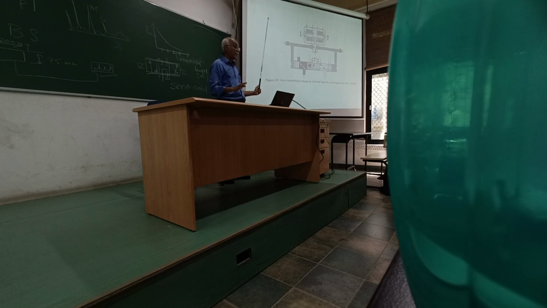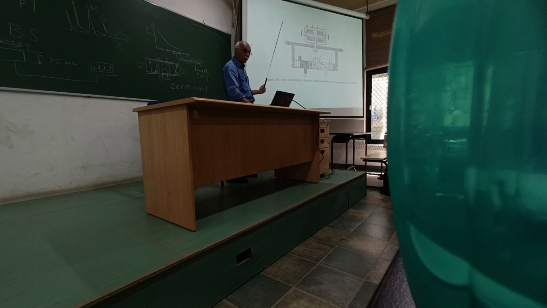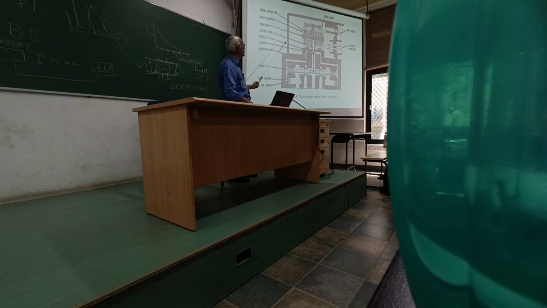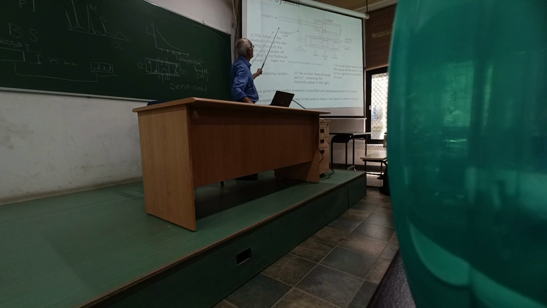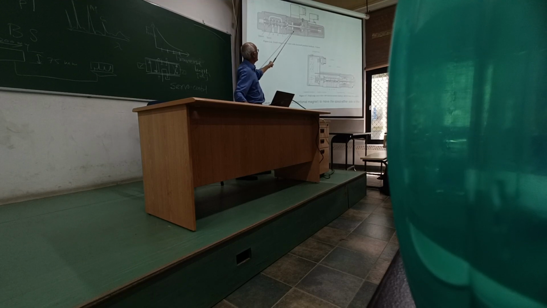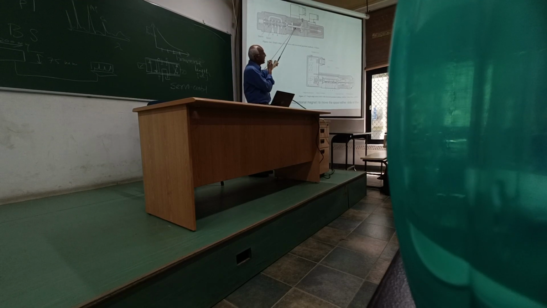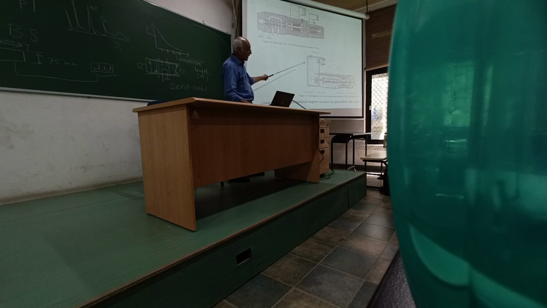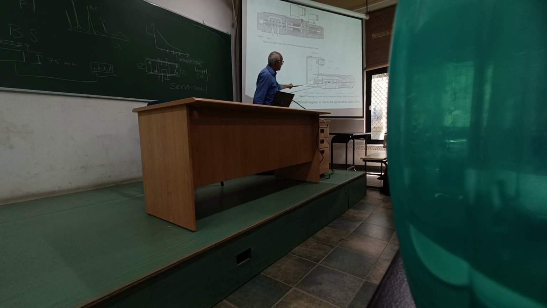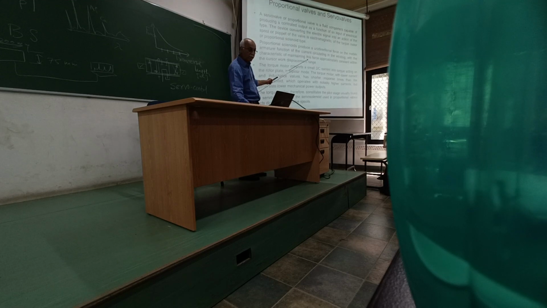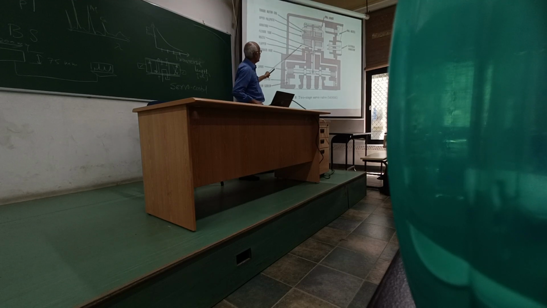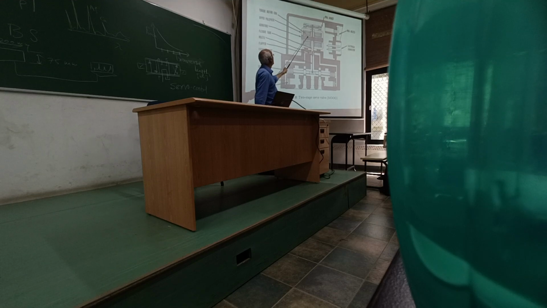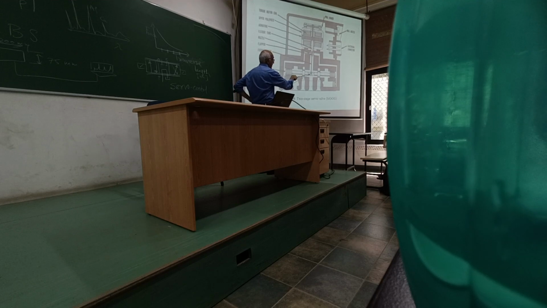One approach, as I told you, is by controlling the solenoid current. Another approach is by controlling the torque motor current over here. The torque motor will change the armature position and accordingly the flapper position.